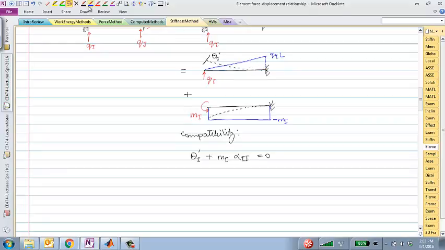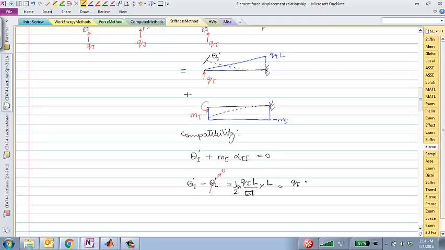First theorem says theta prime I minus, excuse me, theta prime at L, which happens to be 0, should be equal to the area under the curve of the curvature diagram, which is nothing but Qi times L and half times another L, divided by EI.